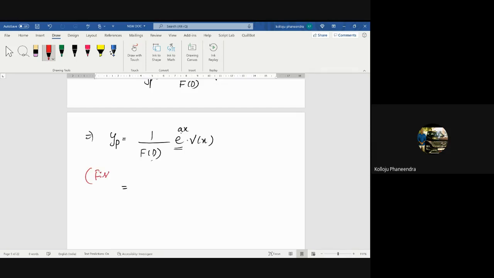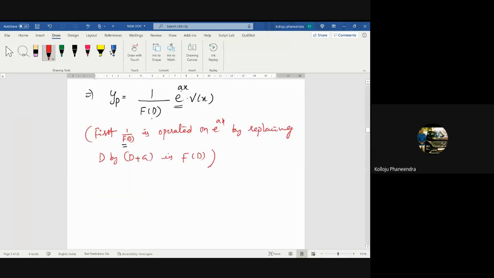First, 1 by f of d is operated on e power ax by replacing d by d plus a in f of d.